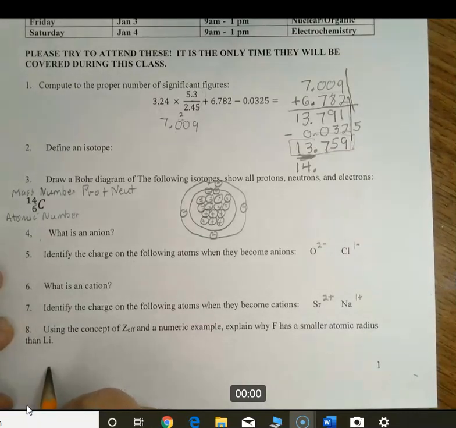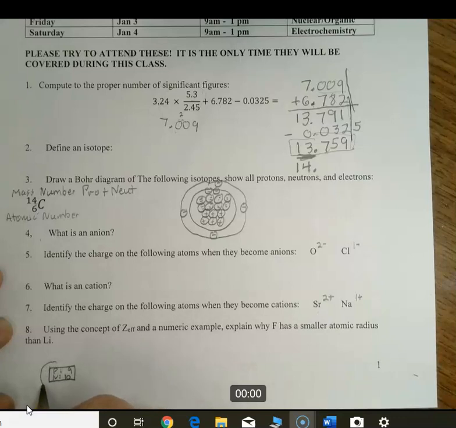So I'm going to just draw a quick Bohr model of fluorine. The way we did it back at the beginning of class, it has protons, it has neutrons, and fluorine has 9 protons, and the typical fluorine has 10 neutrons.